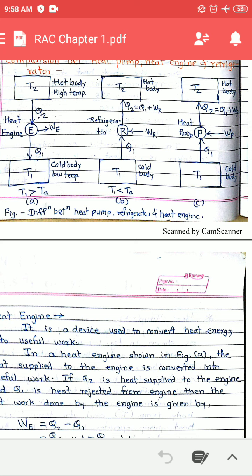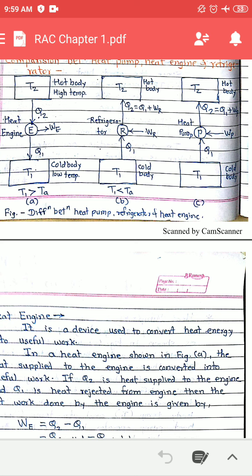In the case of a refrigerator, it extracts heat from the cooling chamber and rejects it to the surrounding. So the refrigerating space is the low temperature or cold body, and the heat goes to the surrounding temperature. Please note the difference between a heat pump and a refrigerator. A heat pump works between the surrounding temperature and the hot body temperature T2, and the refrigerator works between the cold body temperature T1 and the surrounding temperature.